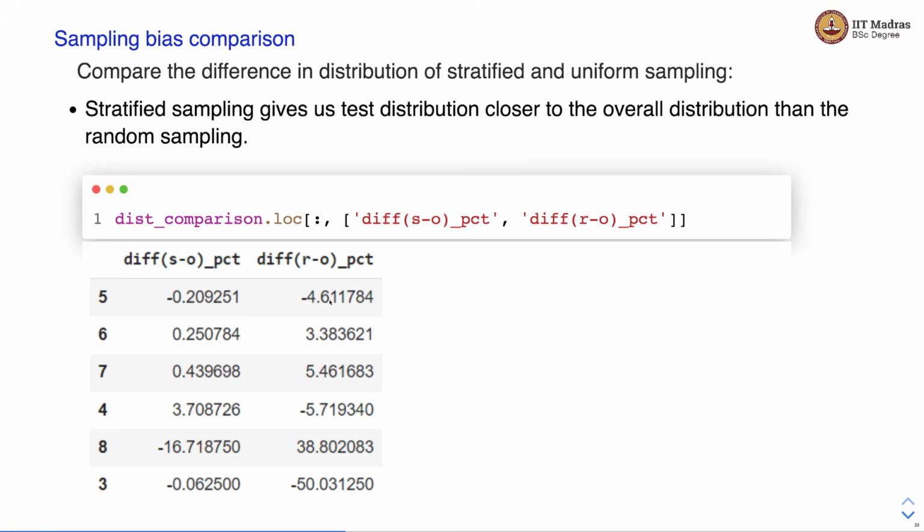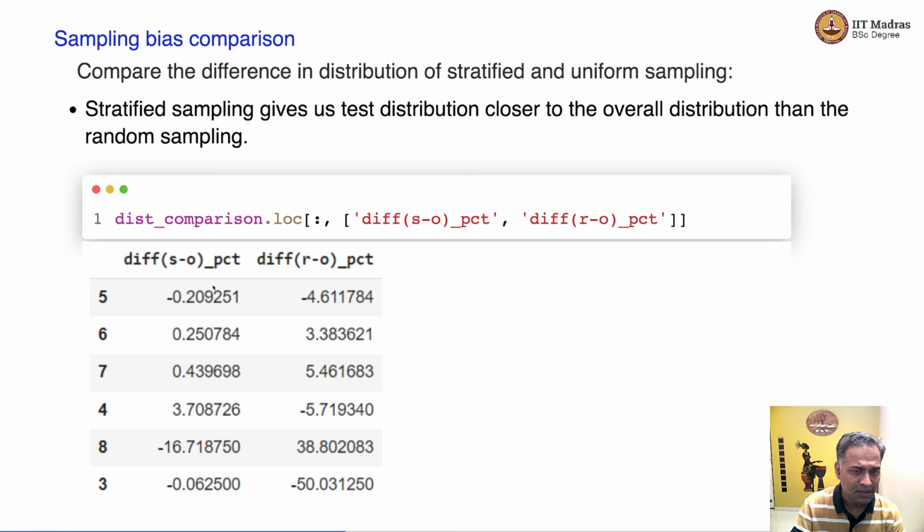The differences are about 4.6%, 3%, 5.4%, then 39% and about 50%. So in smaller classes the difference is far more than in larger classes. Stratified sampling gives us a test distribution that closely matches the overall distribution as compared to the random sample.